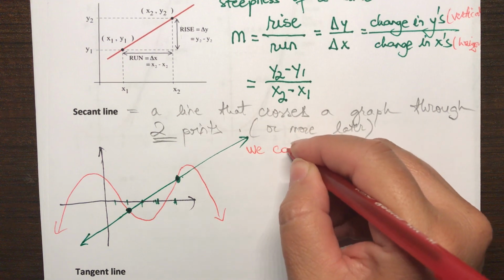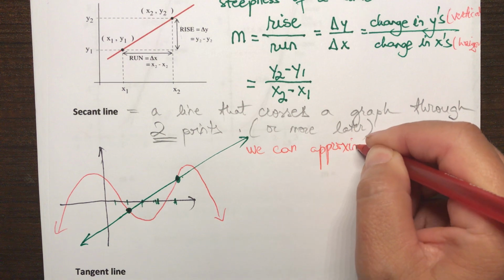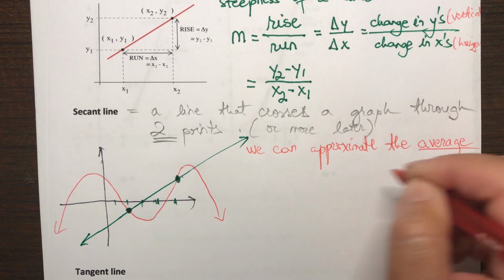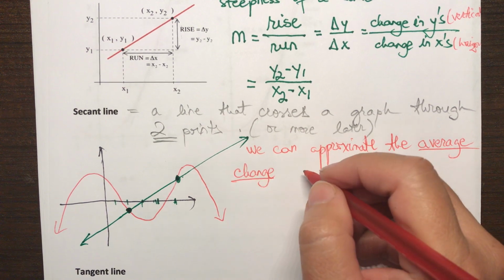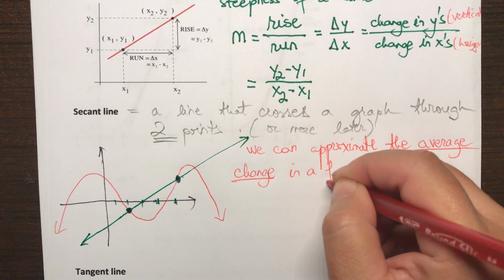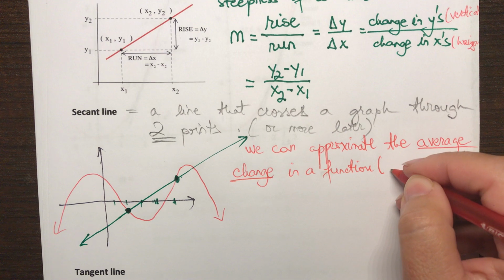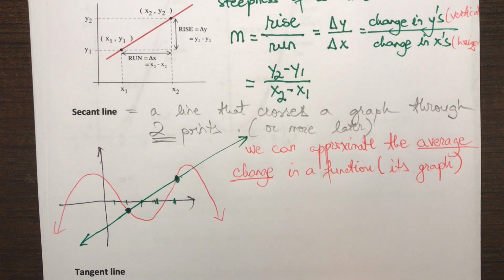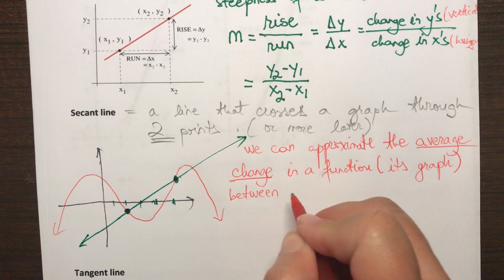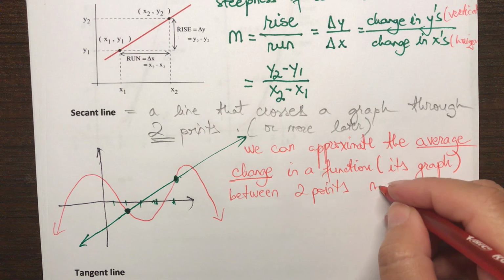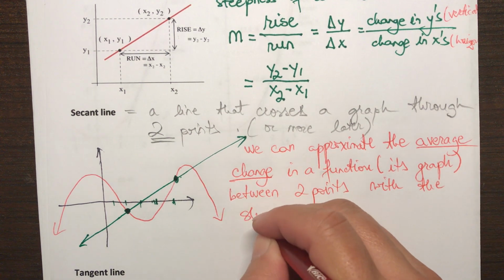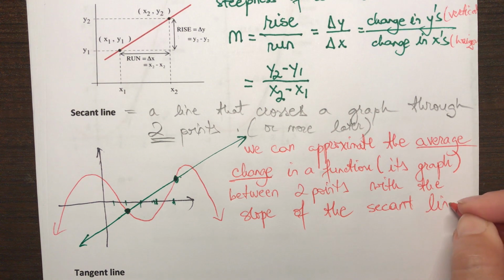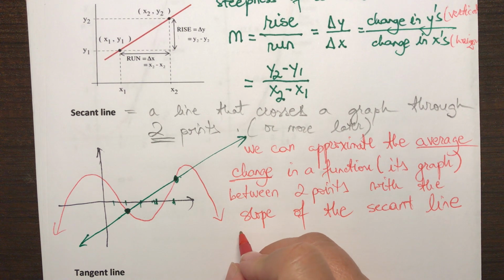We can approximate the change, how about this, the average change in a function, which again could be given by its graph, between 2 points with the slope of the secant line crossing through those 2 points.